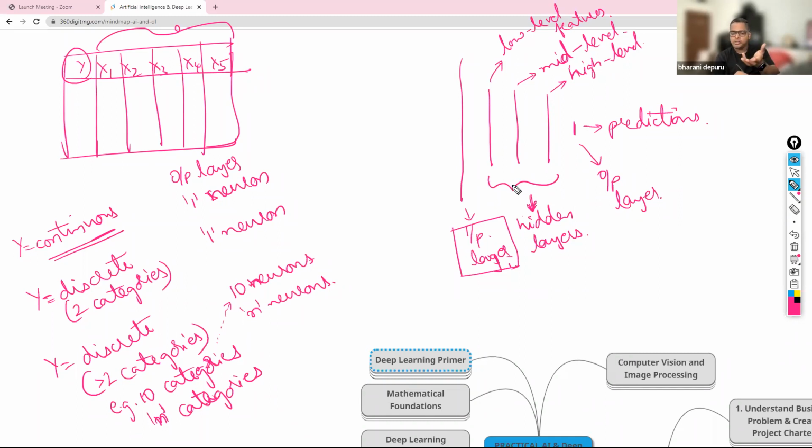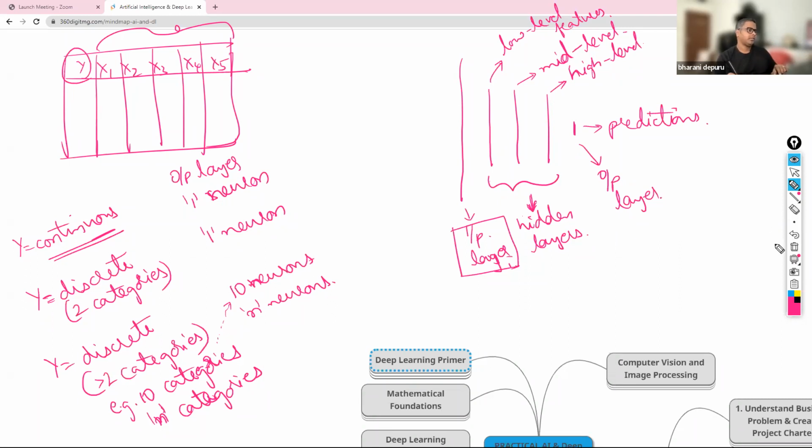How many hidden layers you want to have really depends on you as a data scientist. You need to experiment. The number of neurons is also left up to you, it's a hyperparameter. But the number of neurons in the output layer depends on your output variable.